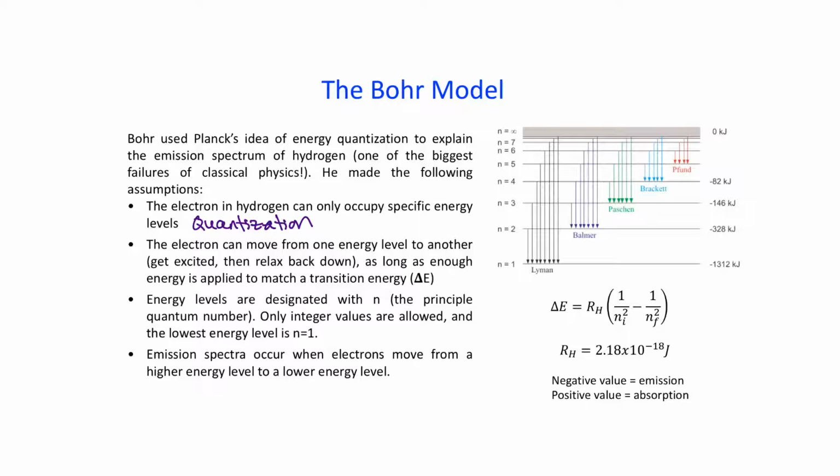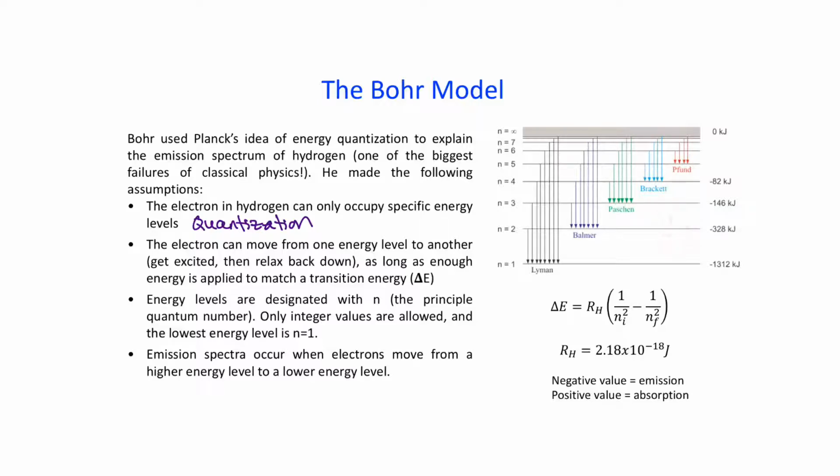So the electron can get excited. Okay, it can jump up to an energy level that's higher than it was, and then it can relax back down to a lower energy level. Okay, the caveat there is that you have to put in exactly enough energy to be able to reach that higher energy level.